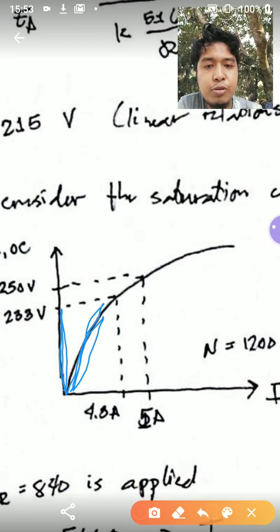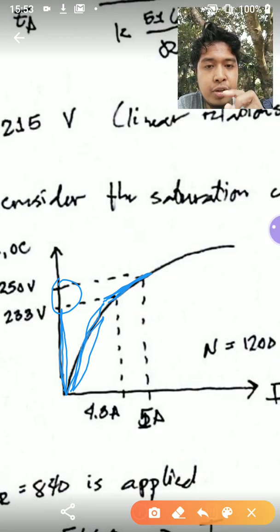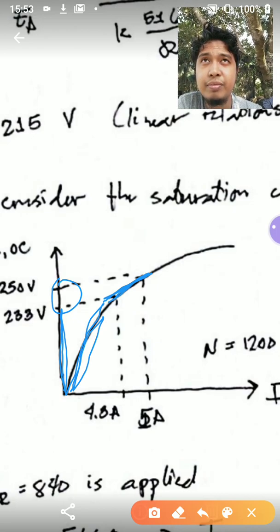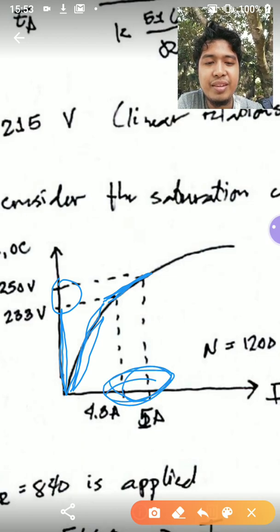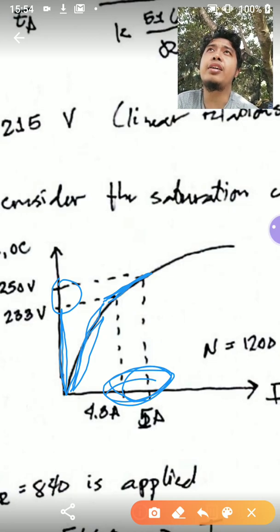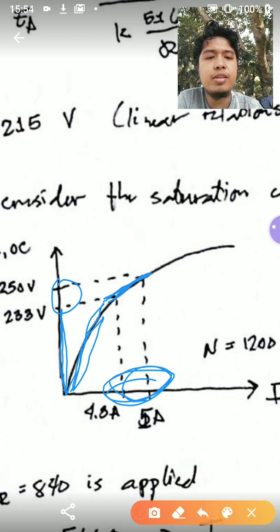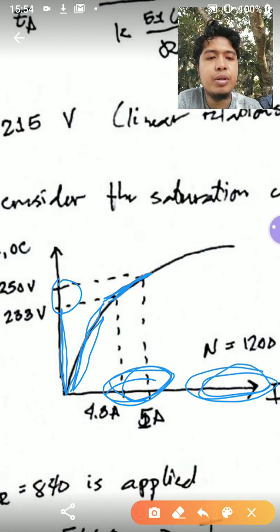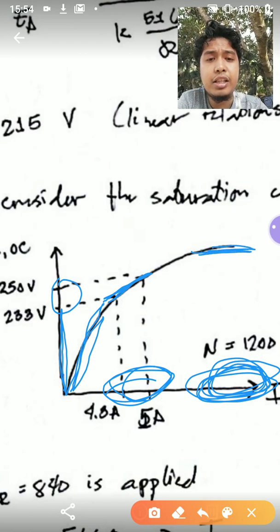However, it comes to a point where the change in armature voltage decreases with respect to the change in the field current, in the strength of the magnetic field, such that when the core is fully saturated, even if you increase the field current further, you no longer have an increase in the armature voltage.